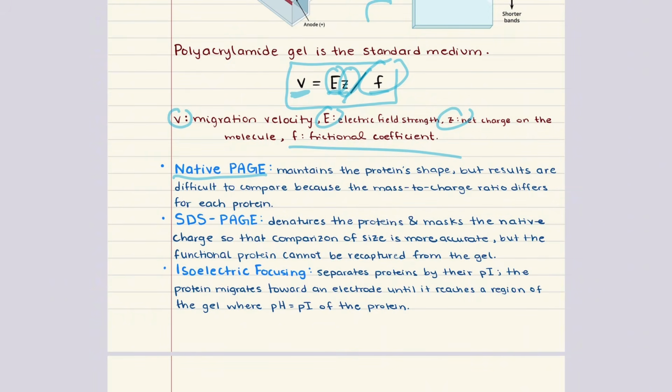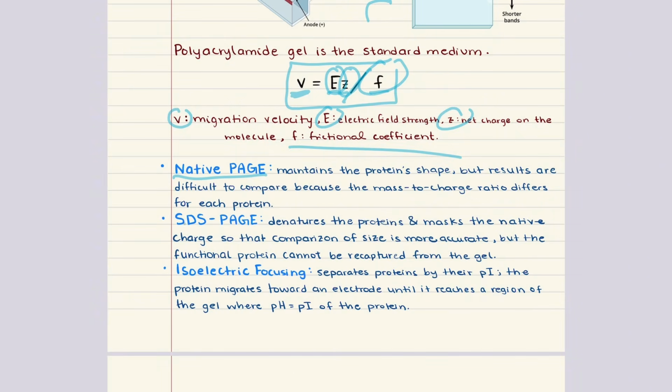This keeps the protein in its native folded state. That means the protein's charge and shape are preserved, but because different proteins have different mass to charge ratios, the results can be a little hard to interpret with this method. Still, it's useful when you want to study protein function or interactions in their natural form.